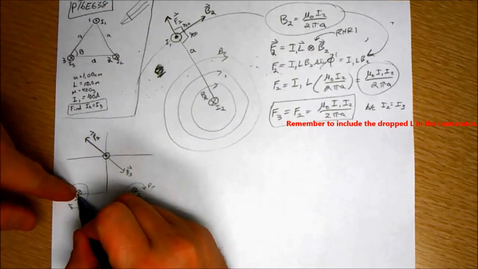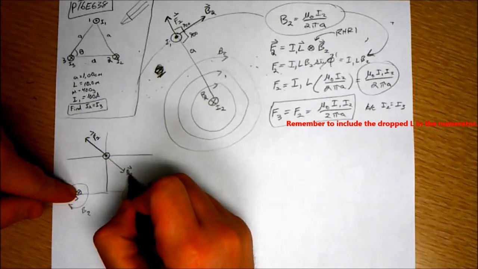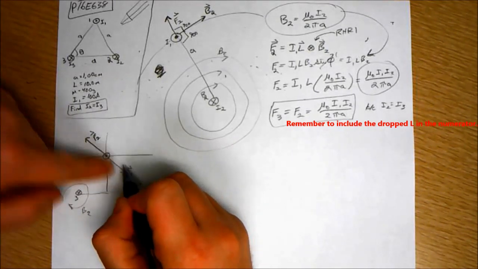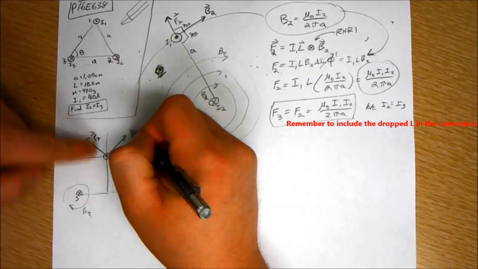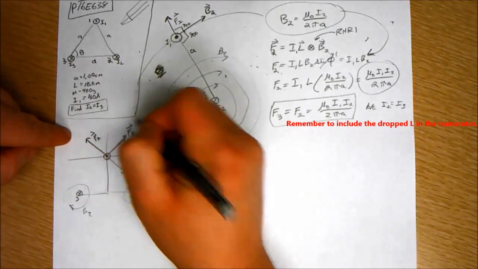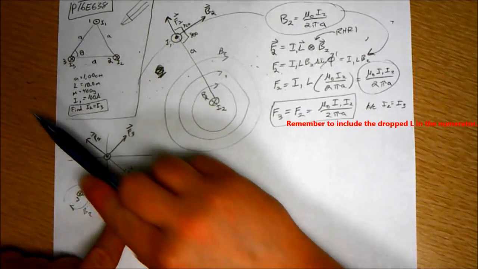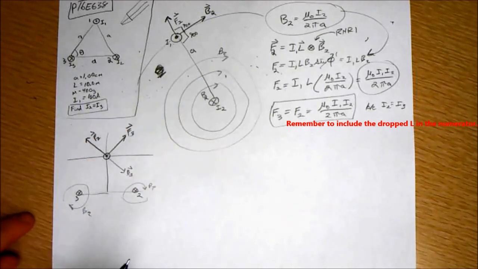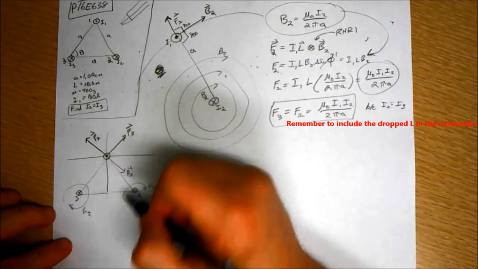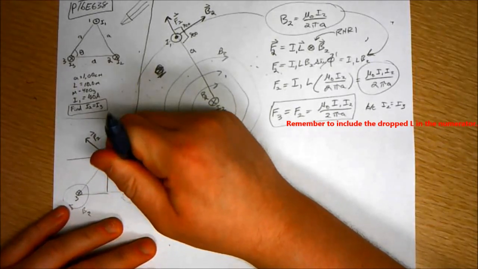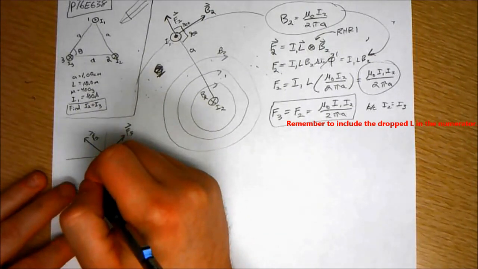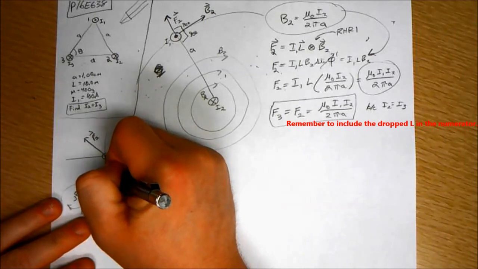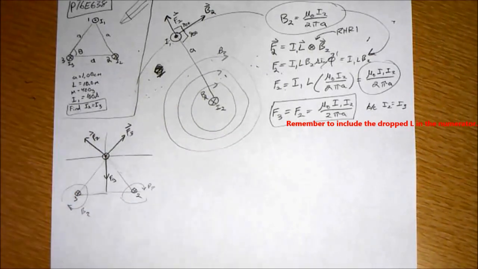So now the force from the field set up by wire 3, we call that B3, is going to be perpendicular in this direction. So both of these wires are pushing wire 1 away in a direct line path. And of course, this is the triangle. So I'm going to erase the magnetic field due to 3 for clarity. Now we have one more force that we've been kind of ignoring thus far, is we know that there is a gravitational force pulling this wire down. I'm calling that Fg.